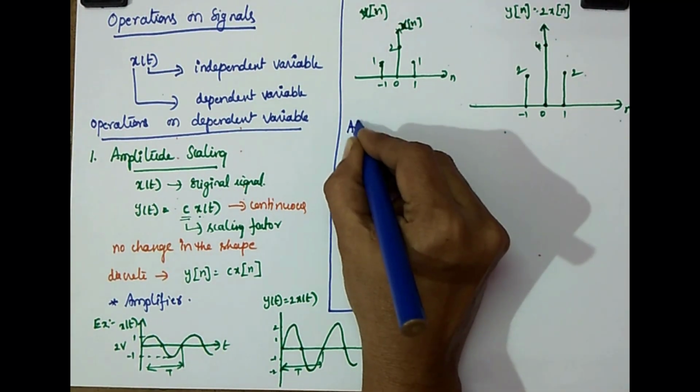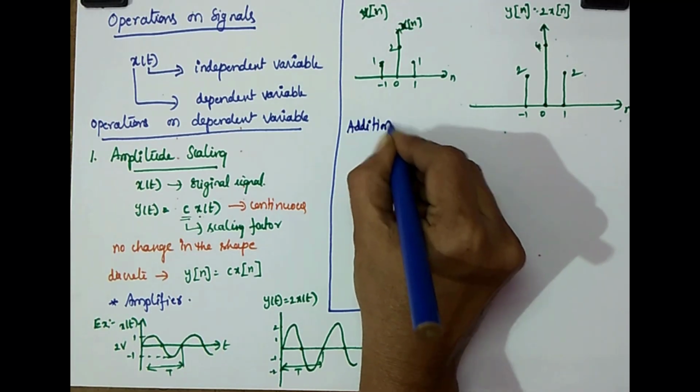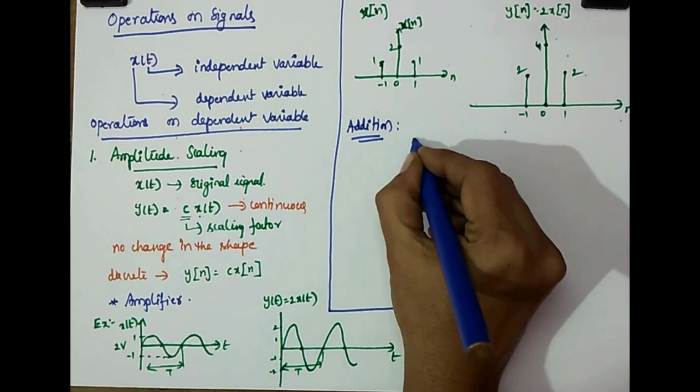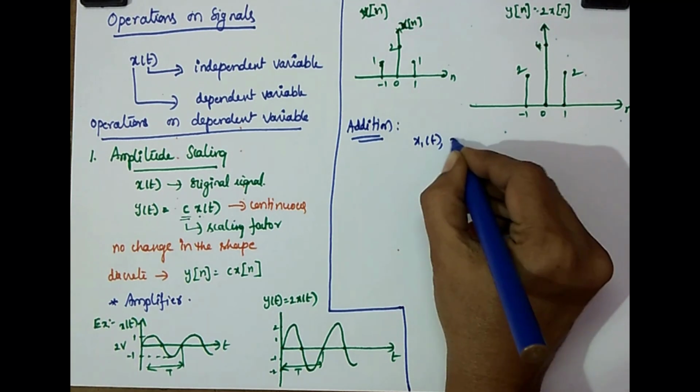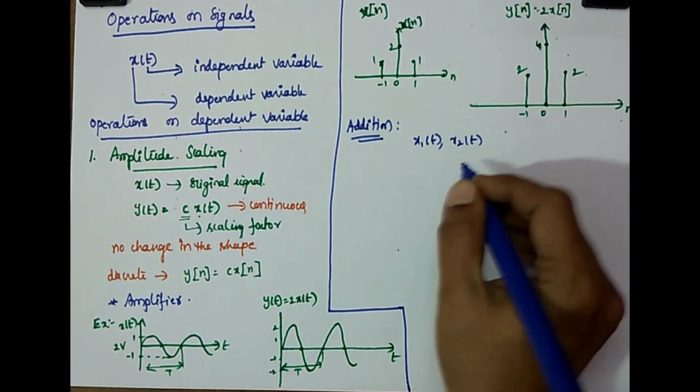Now we'll see addition. Let x1 of t and x2 of t be two signals.